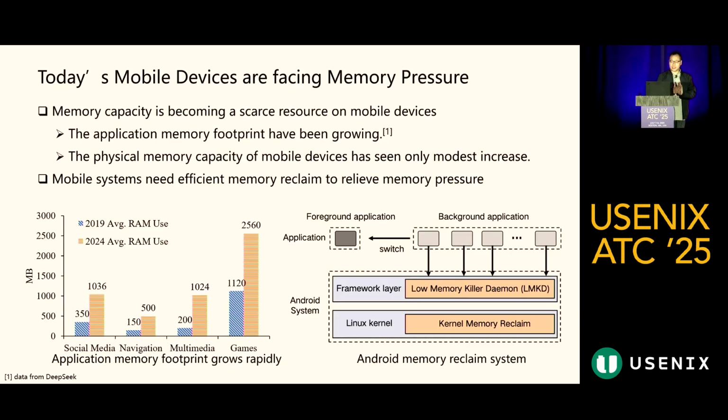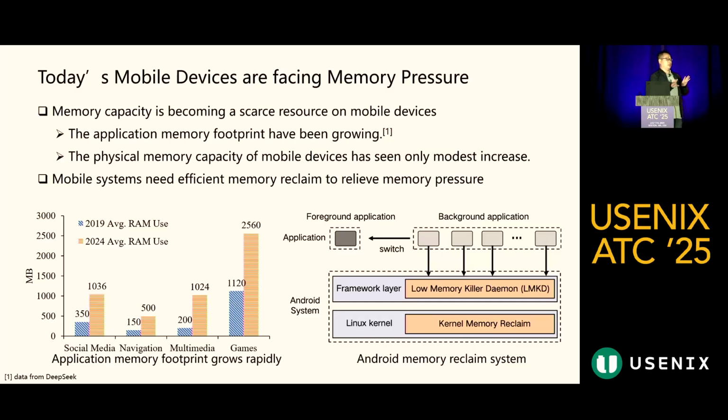Okay, so this is the background. As you know, the memory capacity has been growing during the last 10 years from 8 gigabytes to 12 gigabytes. But from the slides, we can find the application memory footprint is growing much more rapidly.